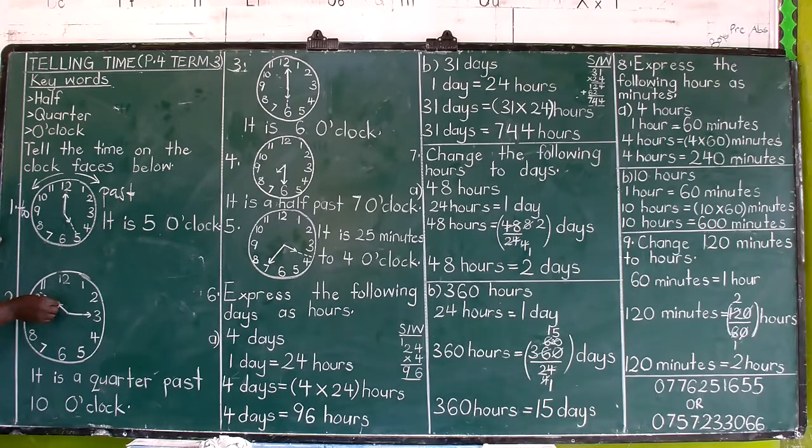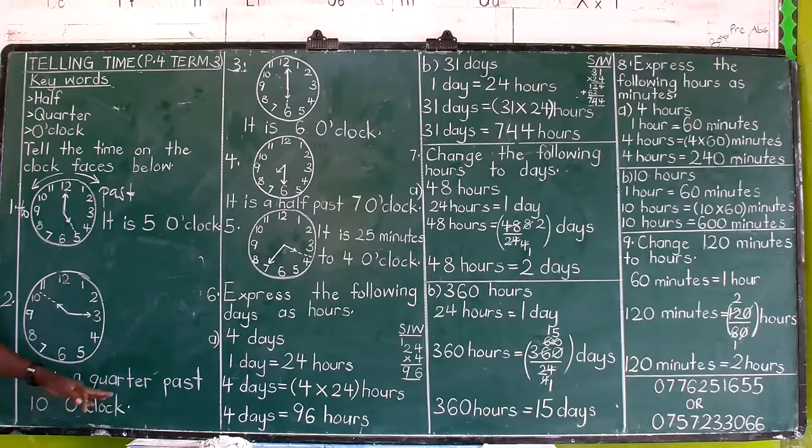Even this shorter hand must have passed this hour where it is. So it is a quarter past 10 o'clock. And that is the answer. You can say it is 15 minutes past 10 o'clock. So you can literally say 15 minutes or use a quarter if you are technical.